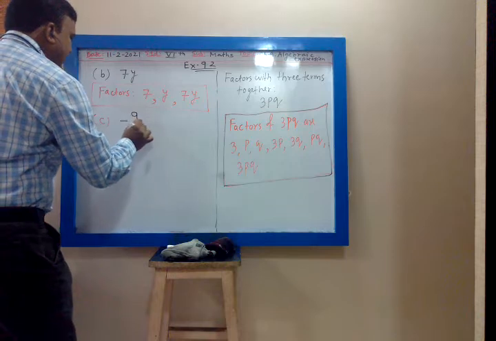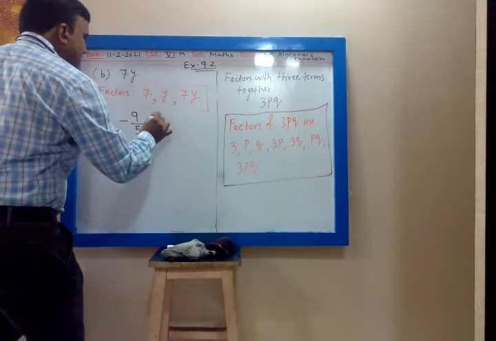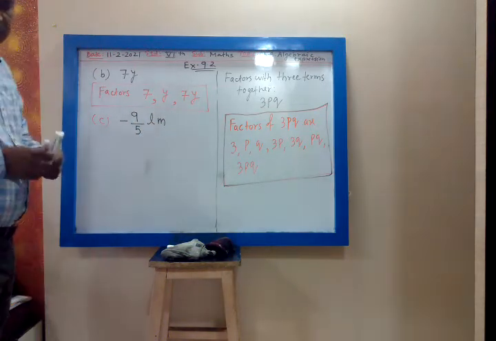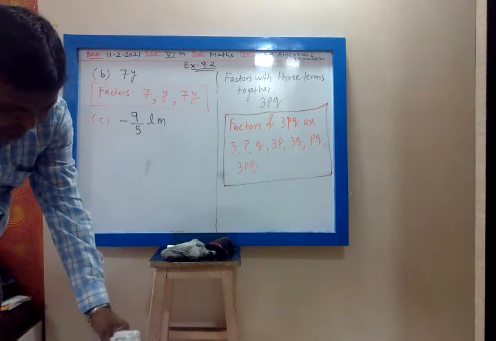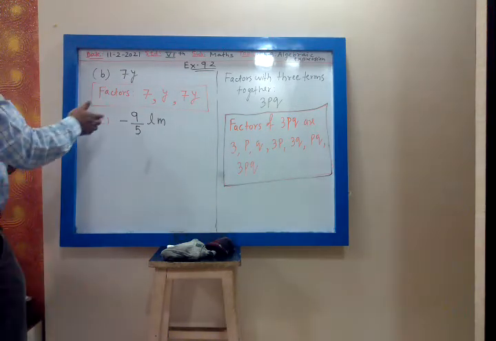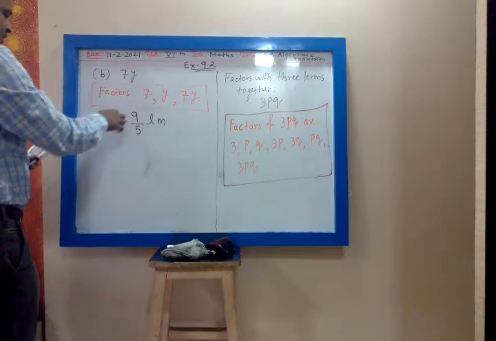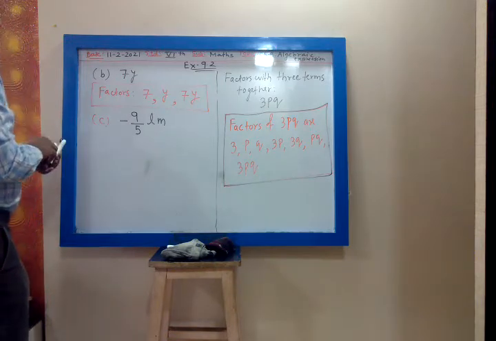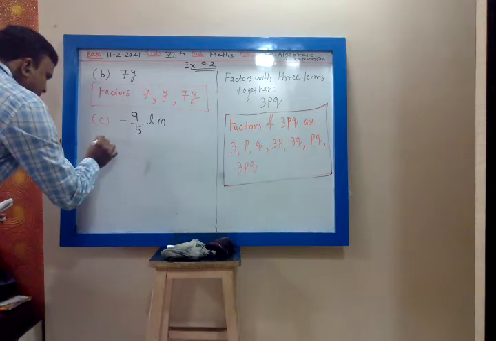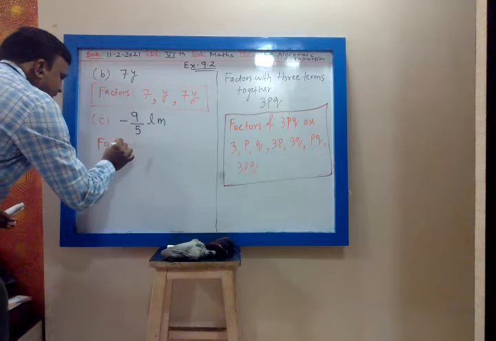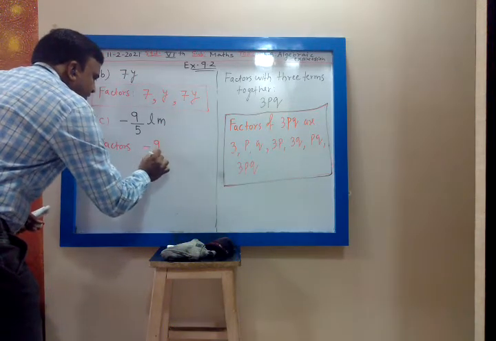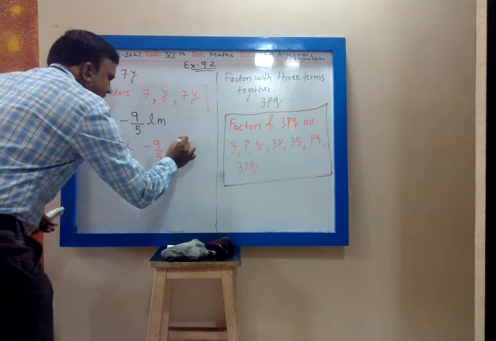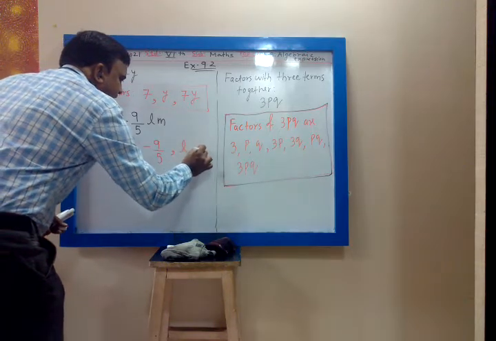Minus 9 upon 5 lm. What are the factors? Minus 9 upon 5 is one factor. Then factor with one term: L is also a factor, M is also a factor.